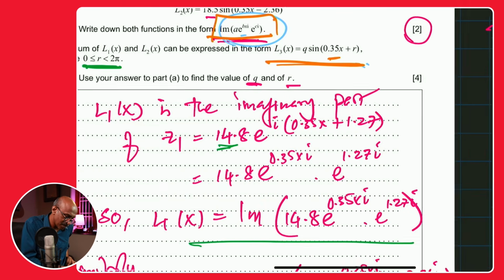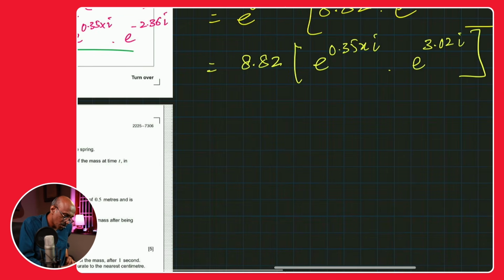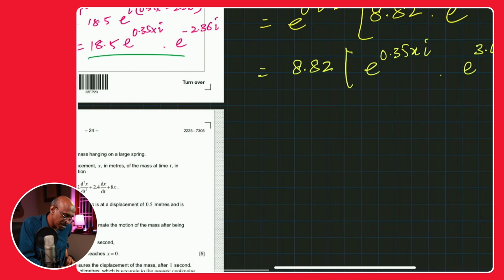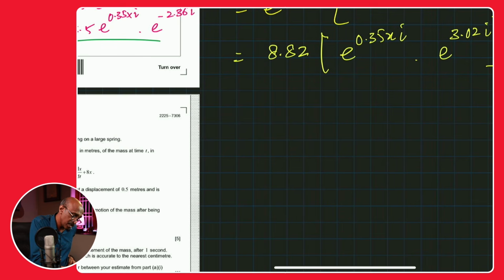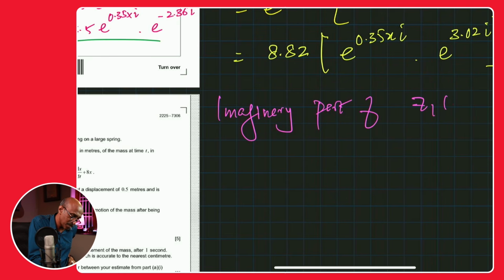You know, the same thing that we've done for part B, imaginary part of the complex number. So this is the complex number, and from this we can say this is Z1 plus Z2. The complex number is Z1 plus Z2. Okay, which means we can say the imaginary part of Z1 plus Z2 is equal to that L3x, the imaginary part, okay?